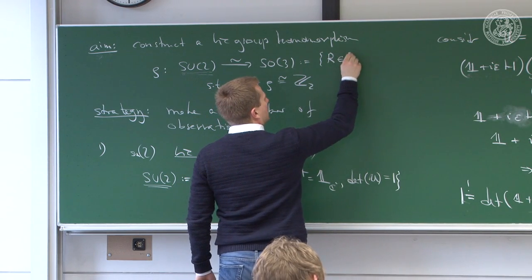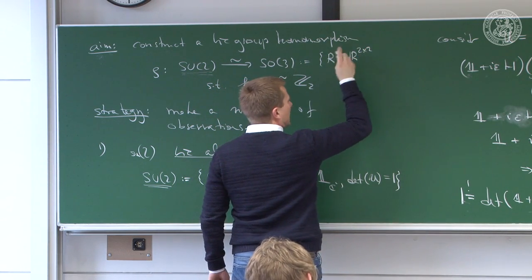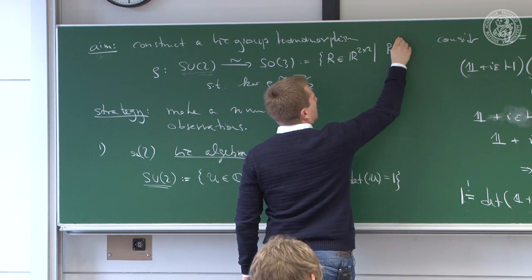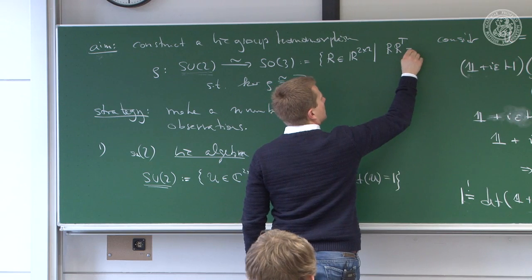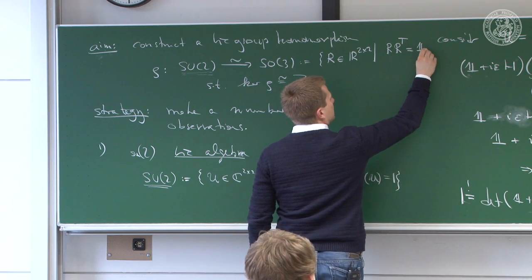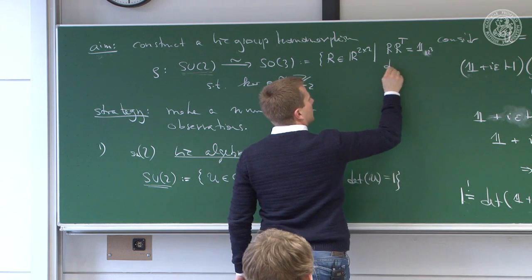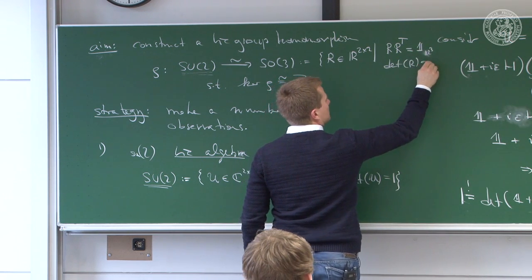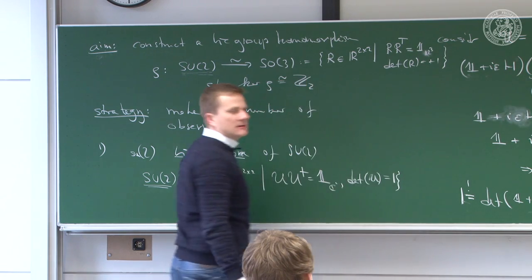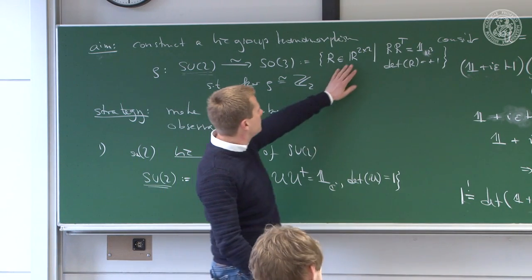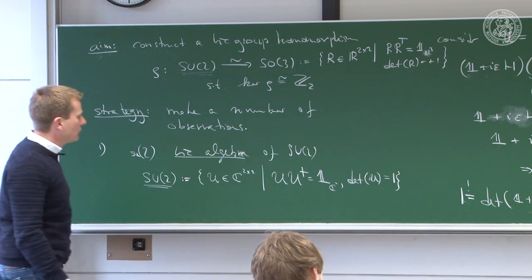representation acts on R3, from R3 to R3, and we know that this is R transpose R equals the identity, in 3 real dimensions, in R3, and the determinant of R is +1, right? We know that this is the defining representation of SO3.